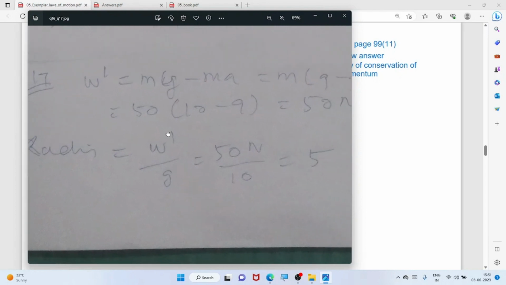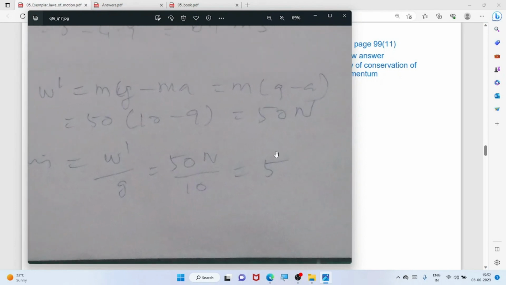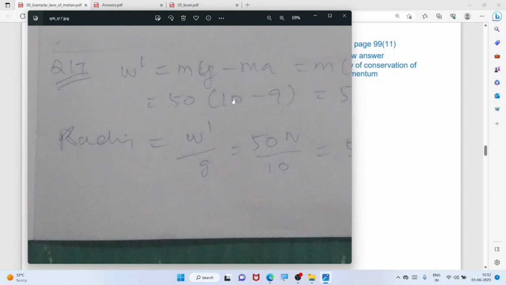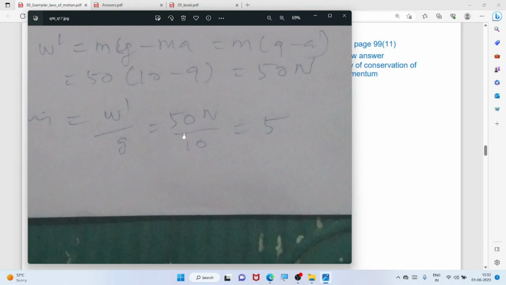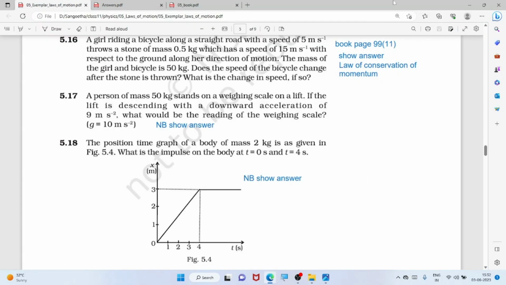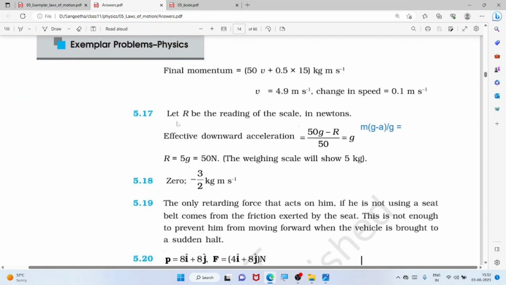Because it's downwards, it is mass into gravity minus mass into acceleration. So we will get this, and the reaction is the apparent weight. Here they have directly given the formula. You can see.